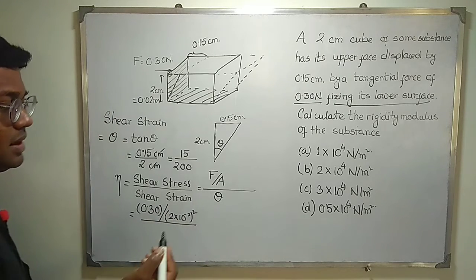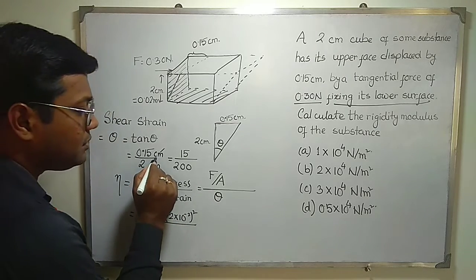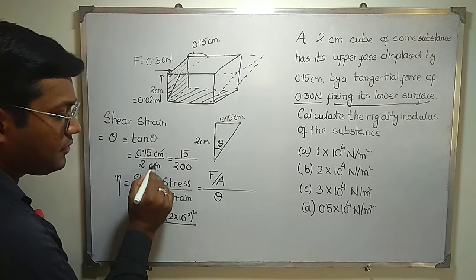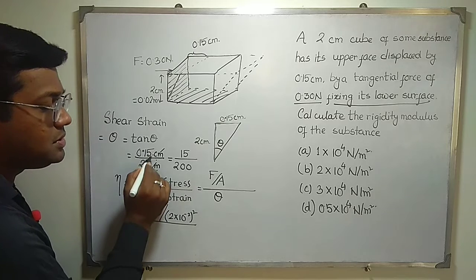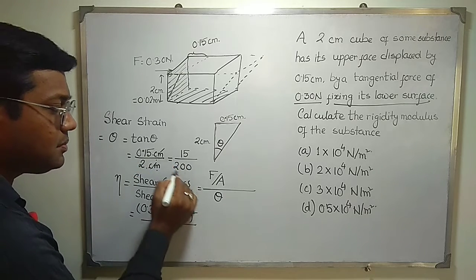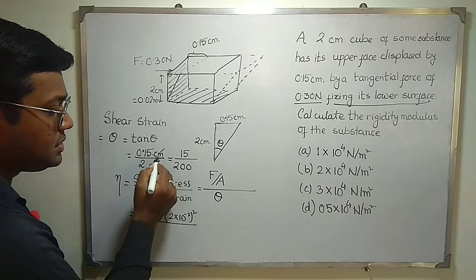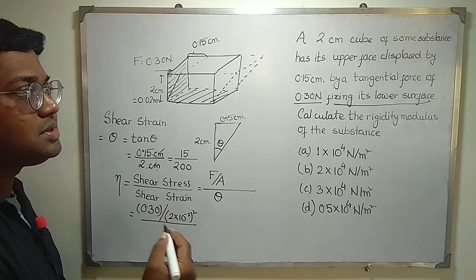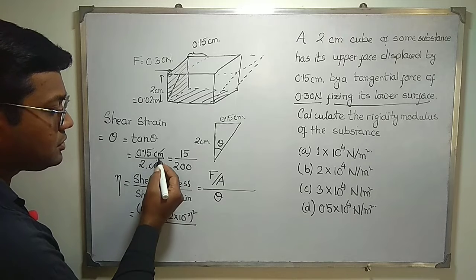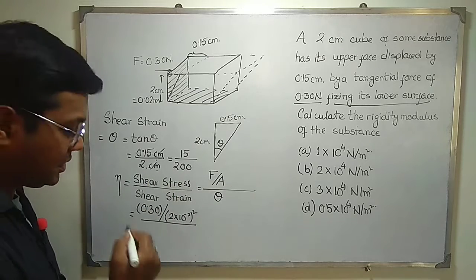Obviously this question may arise, why I am not converting this to meter. If I convert this to meter, there will be 10 to the power minus 2 here, and here will also be 10 to the power minus 2, these two will cancel out, and you will get the same quantity, because the units cancel each other, so we need not be concerned about which units are there. Obviously both of them should be of the same unit.